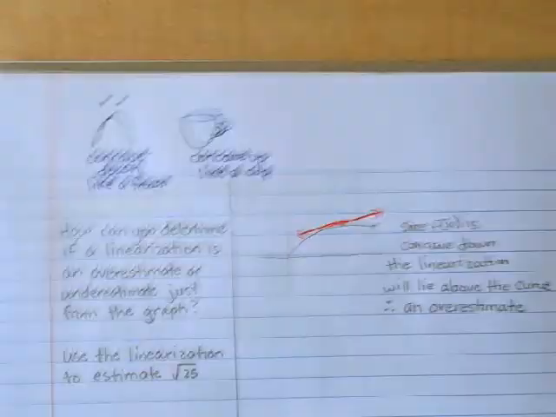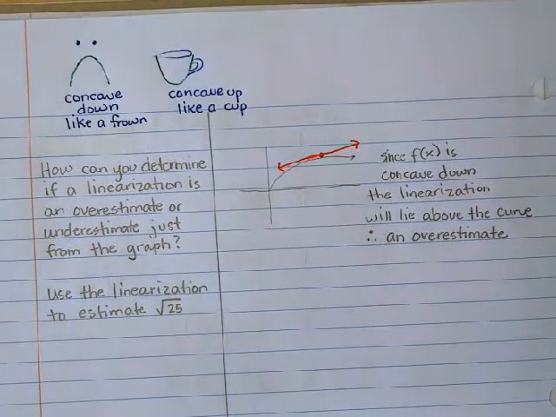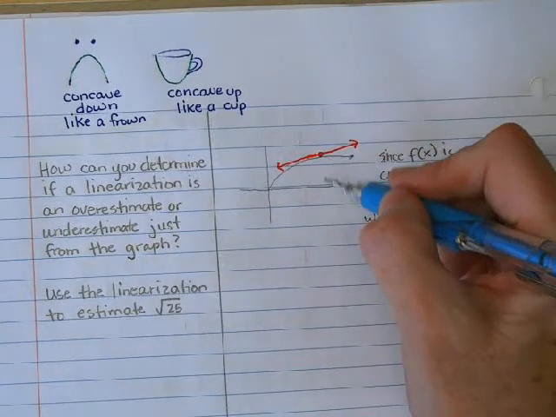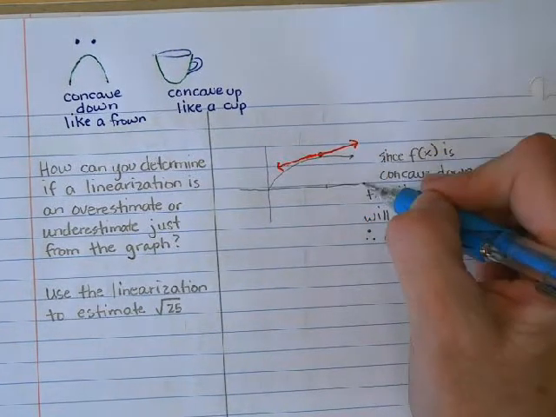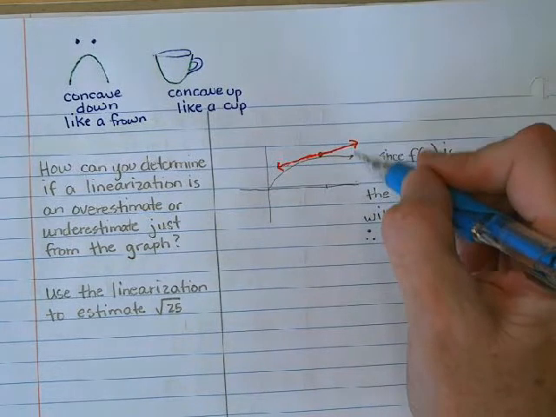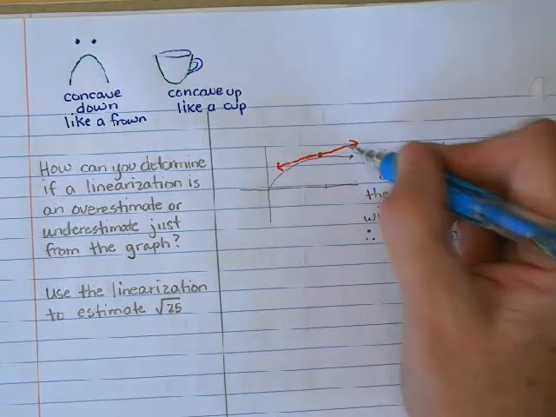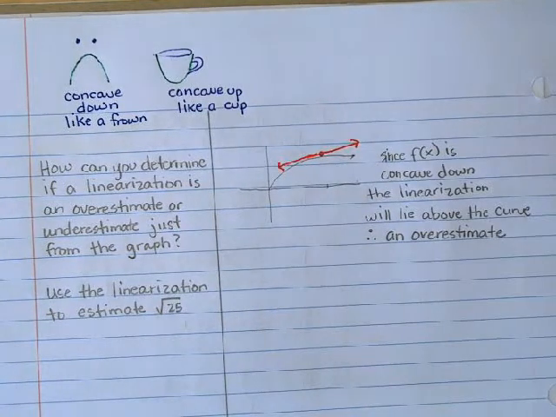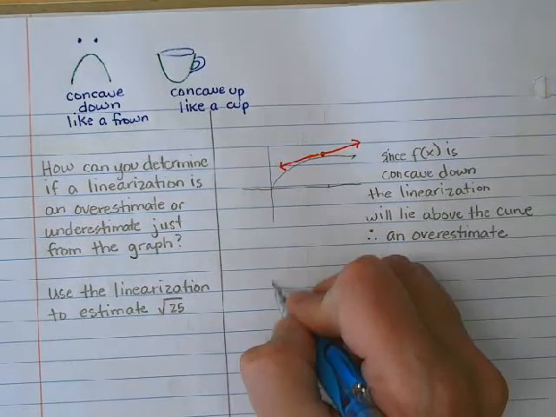Now remember that we found it at 9. So if 9's right here, 25 is down here somewhere. So we should get an overestimate, and it shouldn't be very accurate because we're really far away from the center of our linearization.